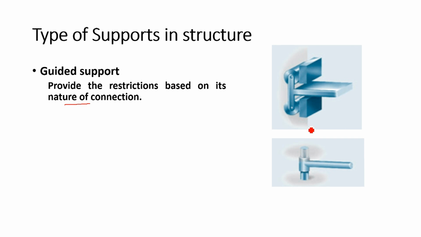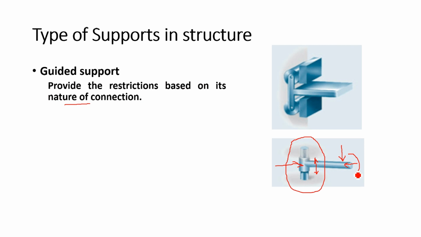For example, you can see if you give any horizontal force, your support will give the horizontal restriction. It will never allow movement horizontally. But if you give any vertical one, your support can slide here. You can see in this arrangement, your support can slide in the vertical direction. That means in the vertical direction, your support will not give any restriction, right?